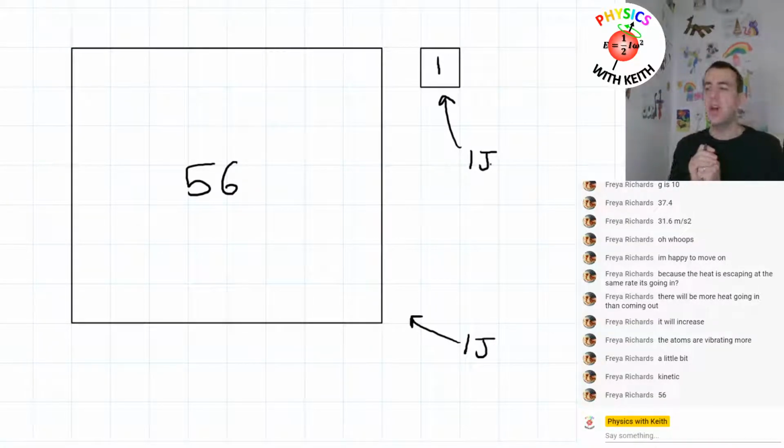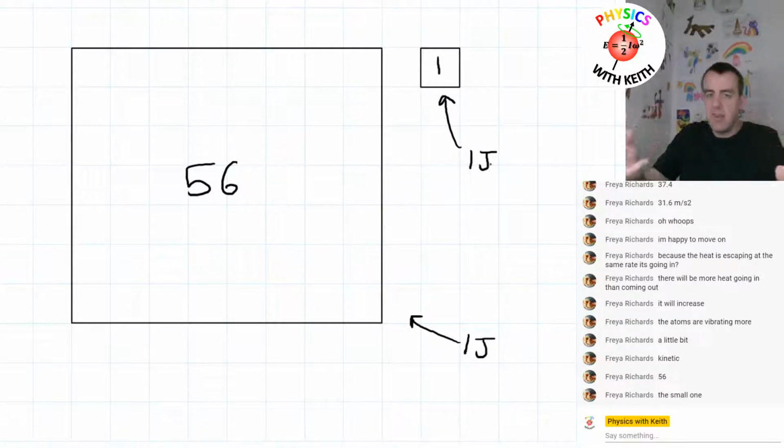Which box has had the higher temperature increase? They both have the same amount of heat put in, but as you say, the small one's got the higher temperature increase because the average kinetic energy per particle will have increased more for the smaller one.